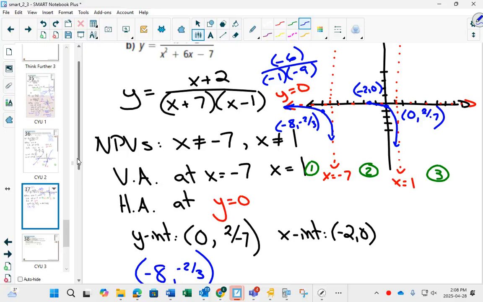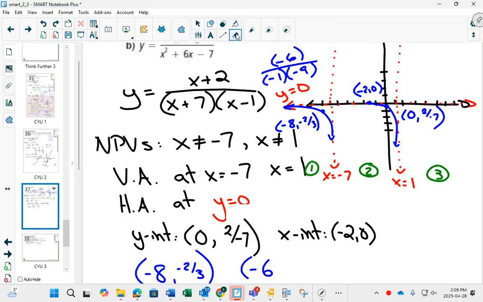So if you're ever unsure, do another nice point. For example, I'm unsure, should it go up towards the asymptote or bounce and go down? I'm not actually unsure, I know what's going to happen, but if I'm a little bit confused, I could do another nice point. What's -6?